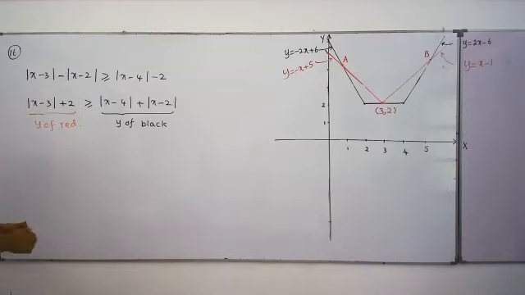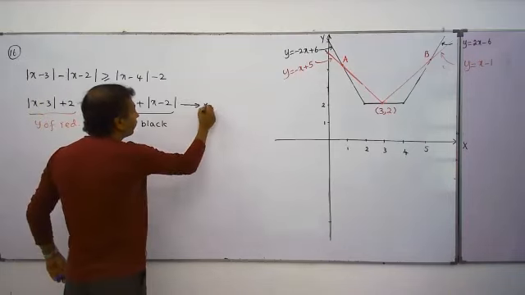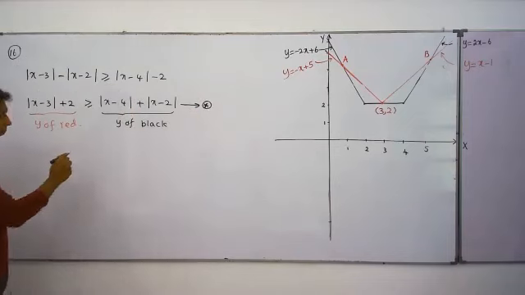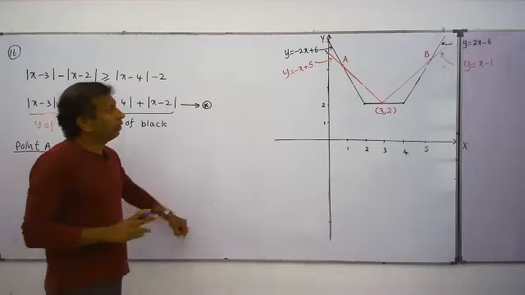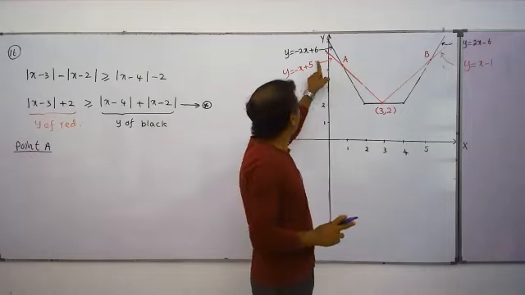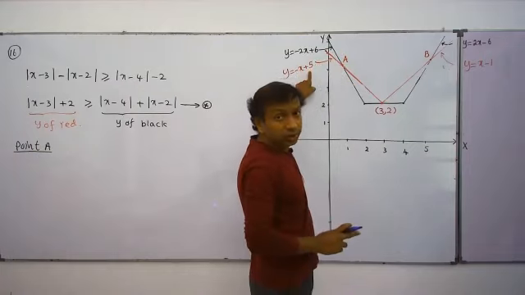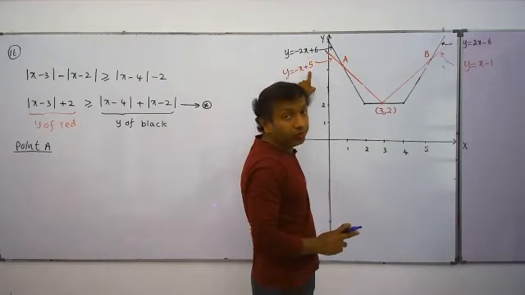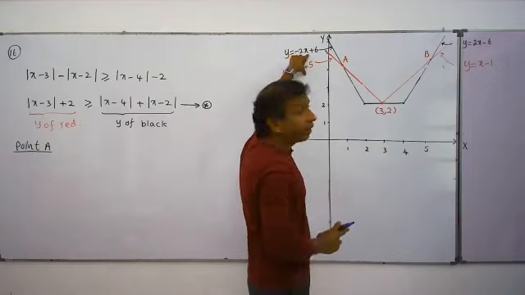Now, people, we can find A. I'll take this as star, right? Point A. Right. How to find point A, people? Point A is the point of intersection of this red line and this black line. Therefore, you have to solve this equation. Solve means what, people? The left hand side's y are equal, then the right hand side should be equated.